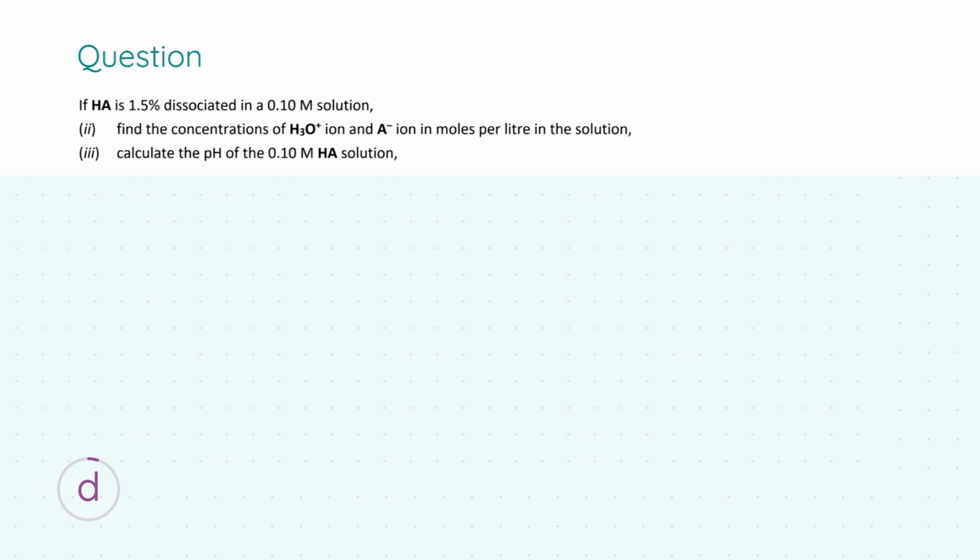So now let's move on to question 2. I've just put question part 2 and 3 together, just because they're very related here. So we're told that if HA is 1.5% dissociated in a 0.1 molar solution, part 2 asks us to find the concentrations of H3O plus ion and A minus ion in moles per litre in the solution.